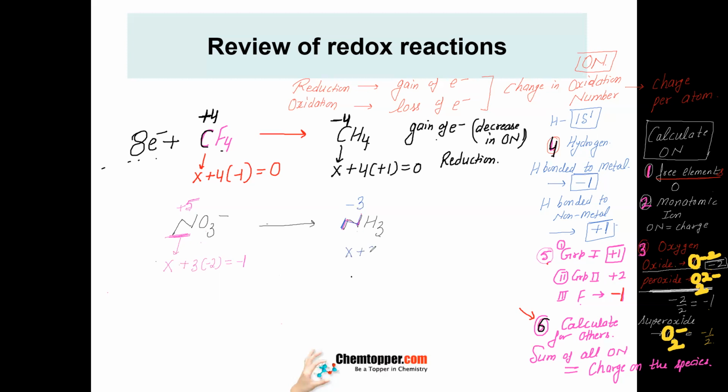X plus 3 times plus 1, hydrogen bonded to, yes, plus 1, is 0. So it is minus 3. What is it, plus 5 to minus 3? Oxidation or reduction? Please try to answer, all of you.